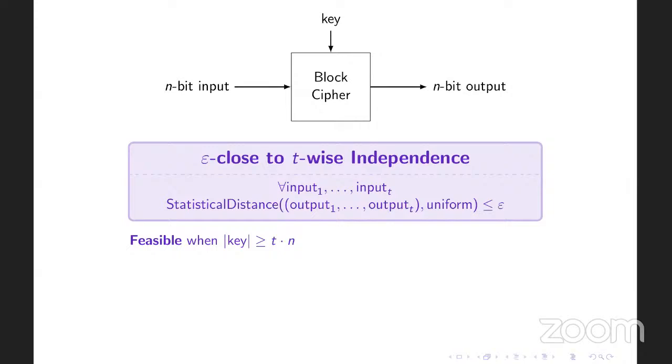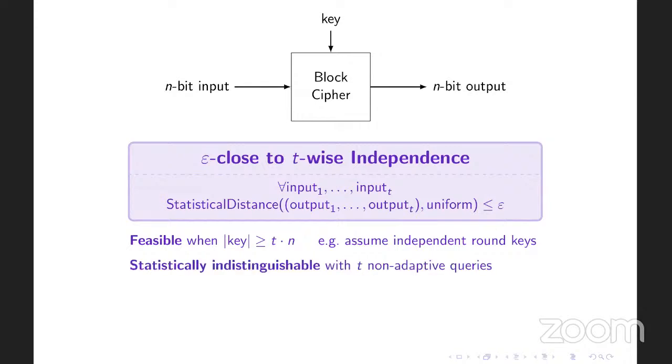This requirement can be ensured by the standard assumption of independent round keys, which is assumed by almost every work in the field. From the theory perspective, T-wise independence means security against an unbounded distinguisher who makes at most T queries. And notice that linear and differential attacks rely on correlation within two queries.